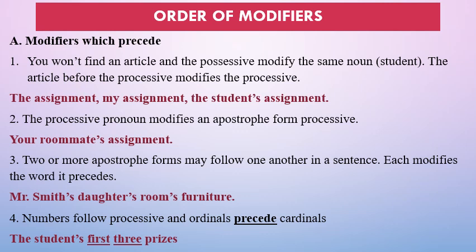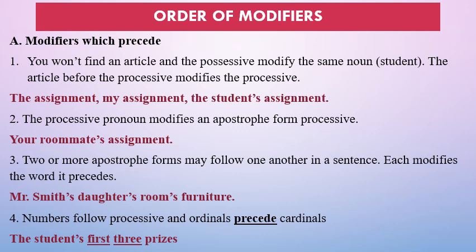Okay? In the second case, they say that the possessive pronoun, which is my, yours, ours, hers, usually they modify an apostrophe form possessive. Apostrophe form possessive, it means that roommates in my sentence, students, Simons, it means a noun with the possessive s with the apostrophe on the top of the word.